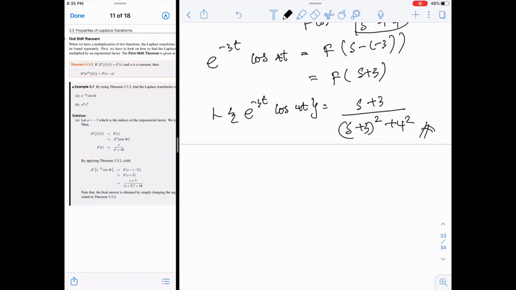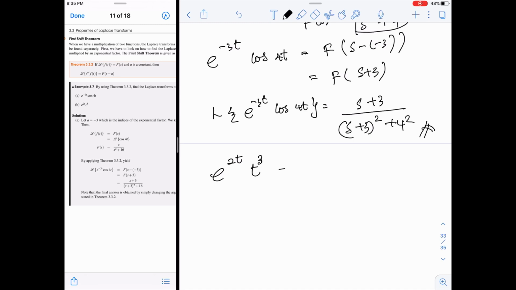Okay class, now let's try another example. If you have one question, and that question is a combination of the exponent, let's say 2t, and then another f(t), which is, let's say I take it from the polynomial t to the power of 3.